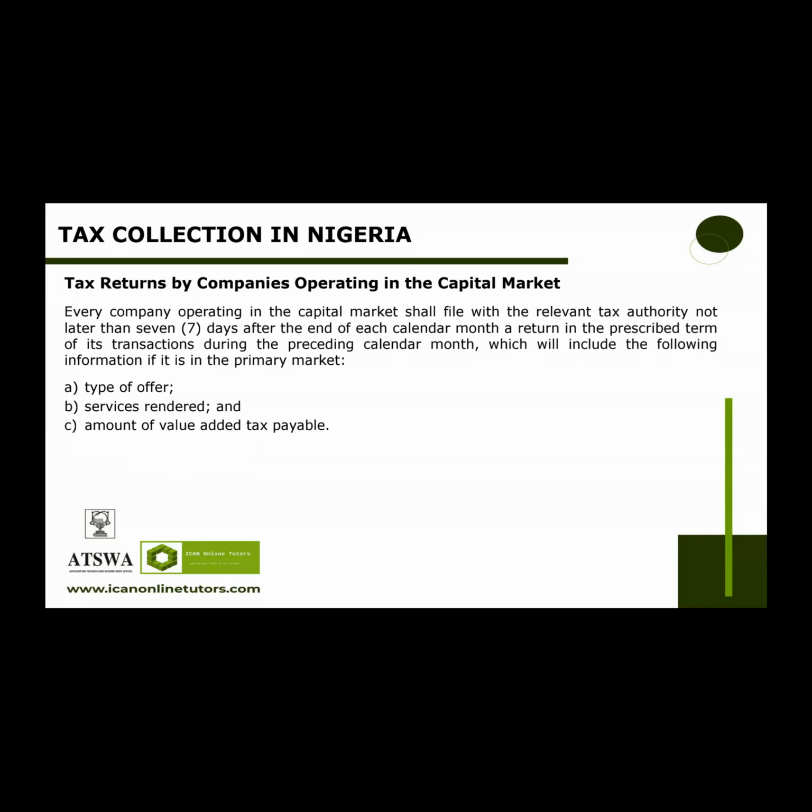Now, let's look at the tax returns by companies operating in the capital market. Every company operating in the capital market shall file with the relevant tax authority not later than 7 days after the end of each calendar month a return in the prescribed form of its transactions during the preceding calendar month, which will include the following information if it is in the primary market: type of offer, services rendered, and amount of value-added tax payable.